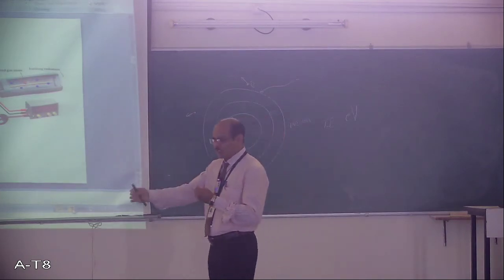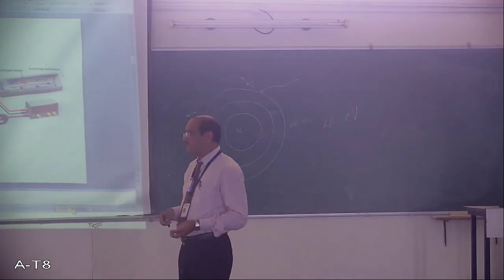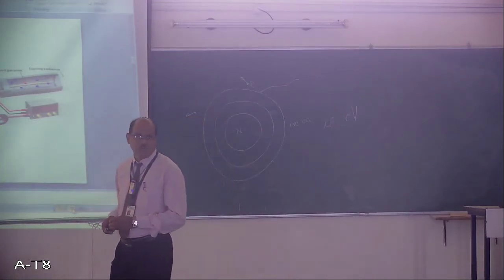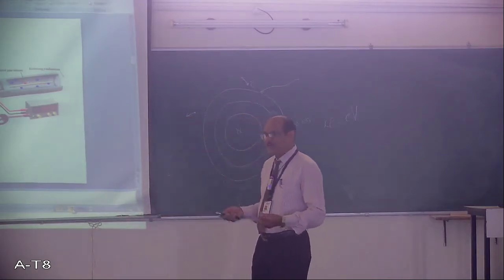It is one step to the other, continuous multiplication of the negative and positive charges due to ionization. That is called cascade effect or avalanche effect.